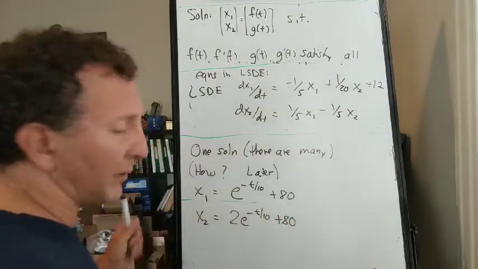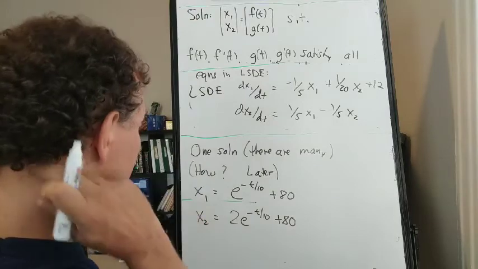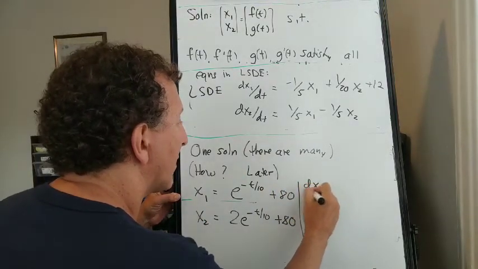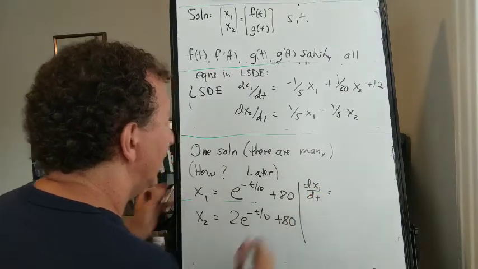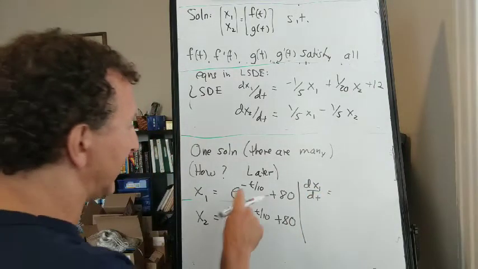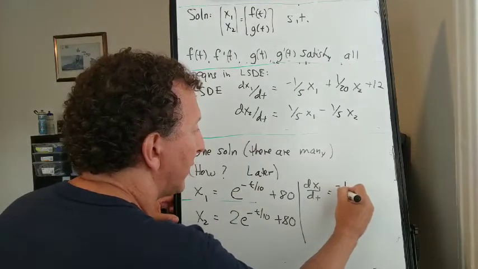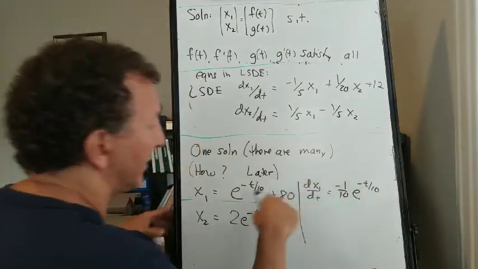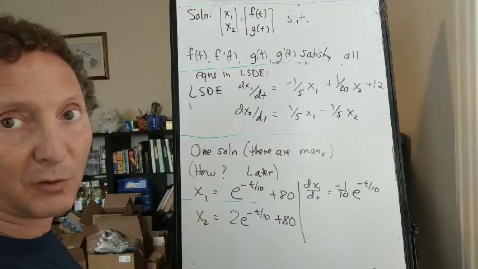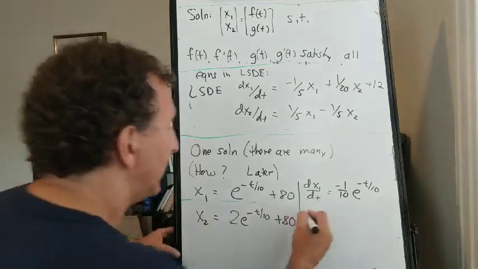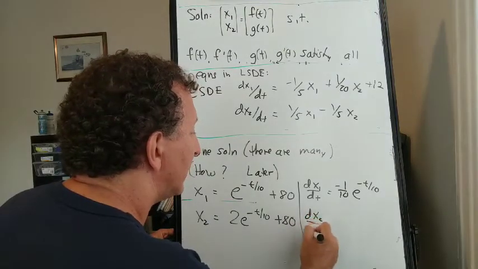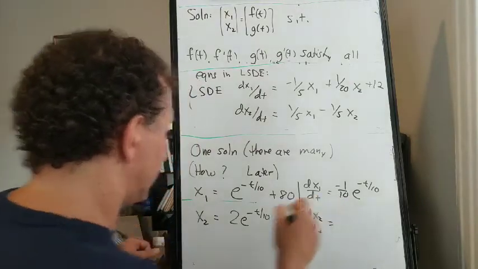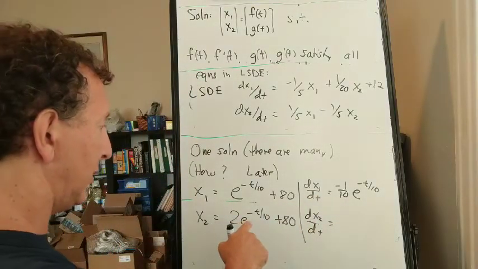Let me write their derivatives over here because we're going to need the derivatives too. So dx1 dt is negative 1/10 e to the negative t over 10. The plus 80 just disappears because when we take the derivative of a constant, it's 0. dx2 dt is negative 2/10.